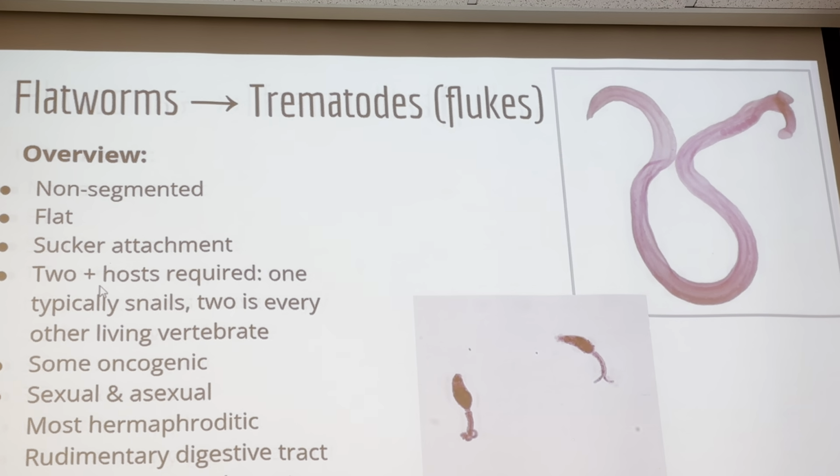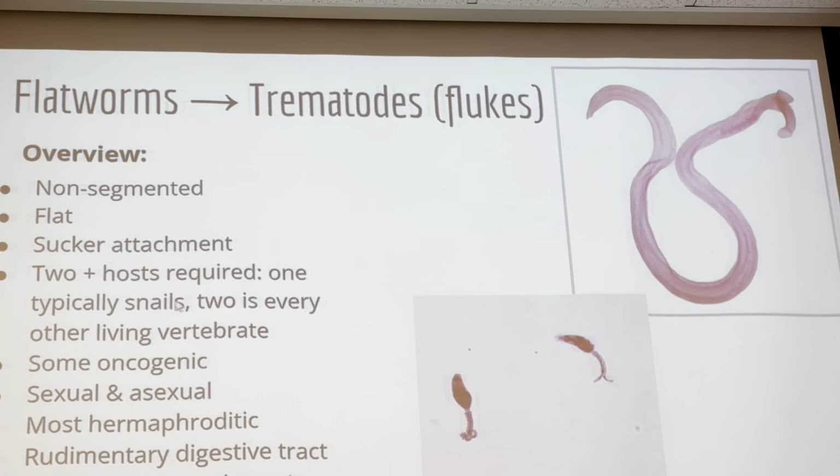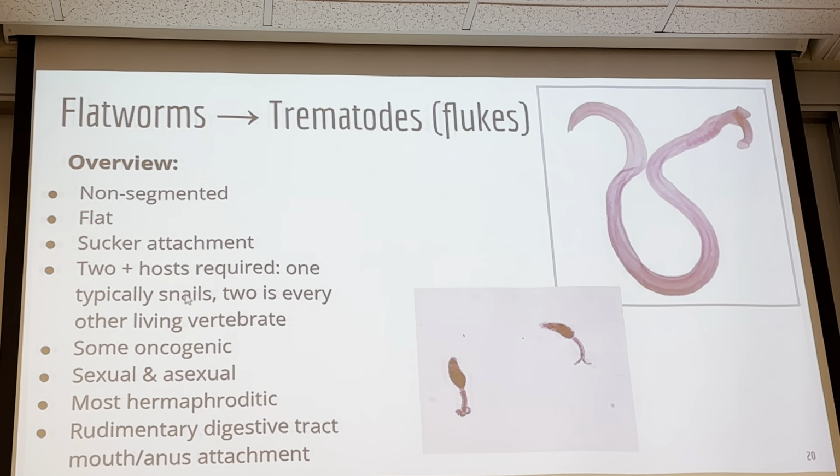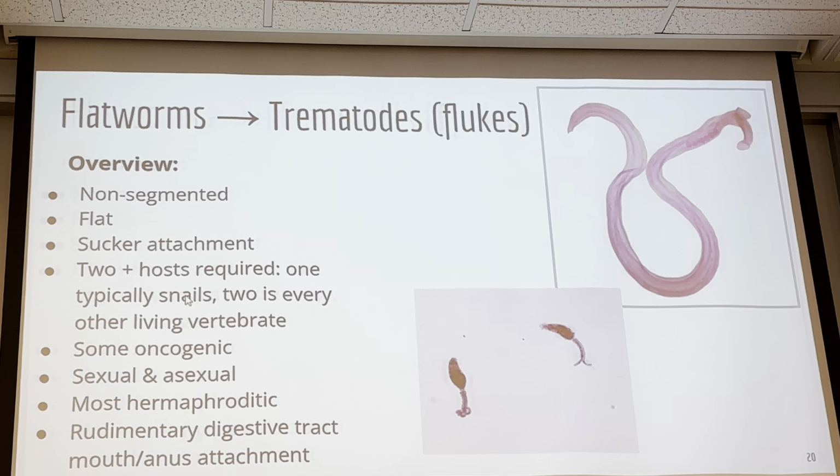So these ones have to have multiple hosts. Typically snails, so this is a big one for this one, is that they have to spend a part of their life cycle within a snail. So why do we care about that? One, snails are everywhere.